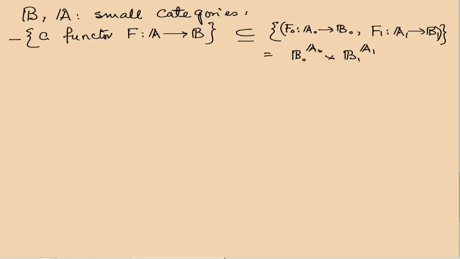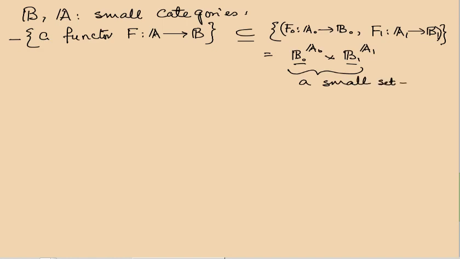Now, since B and A are small categories, A1, B1, A0, B0 are all small sets. So this is a small set, this is a small set. A product of small sets is a small set. So this is a small set. Right?